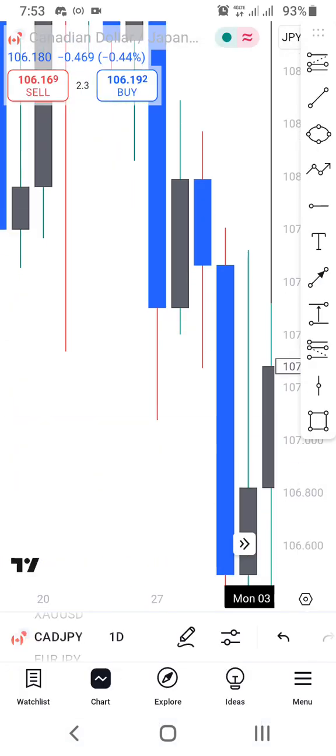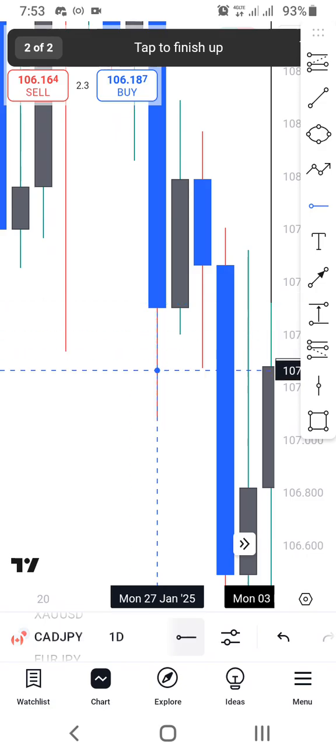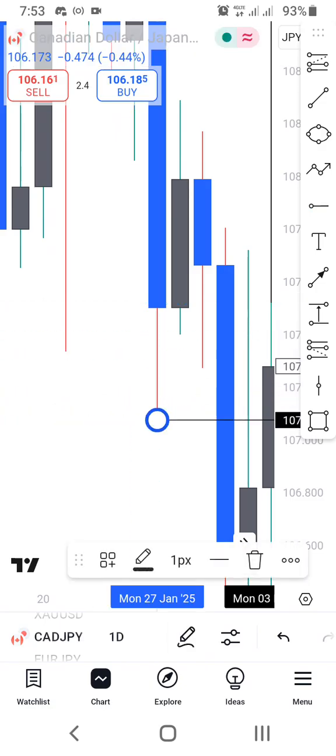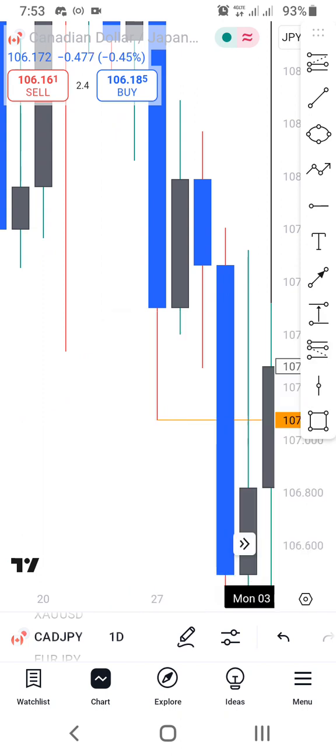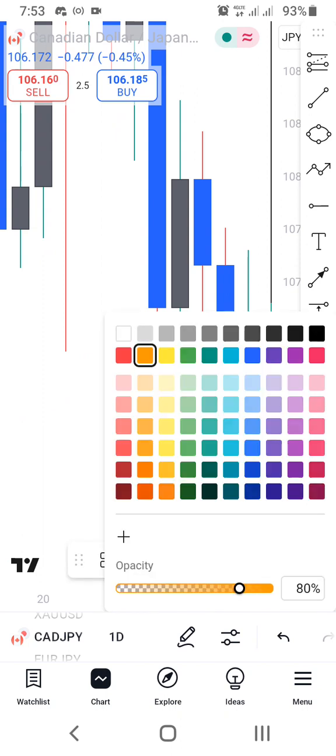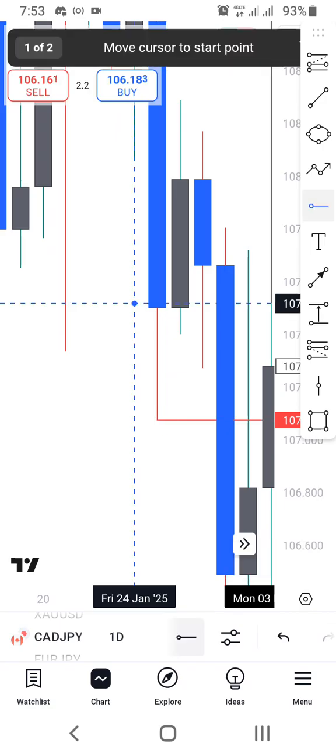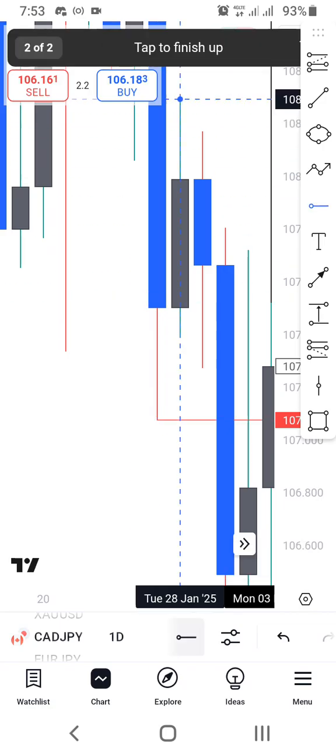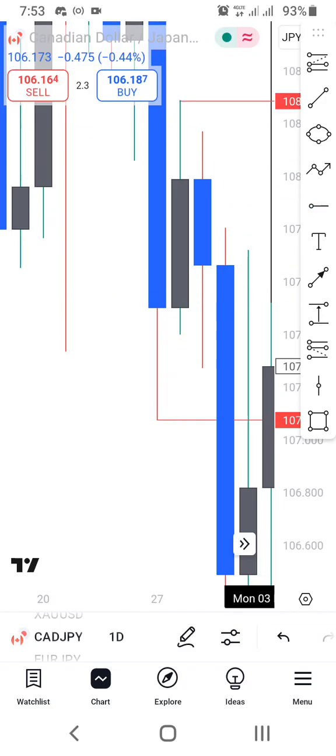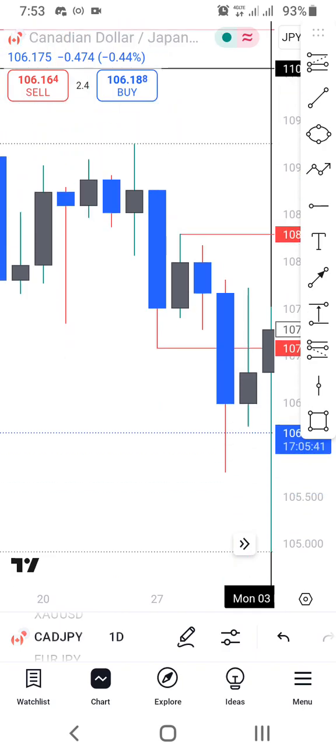For those who know well from the previous videos what you're supposed to do, you label the low and the high of the VV. Then what's next?